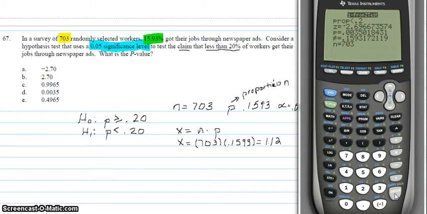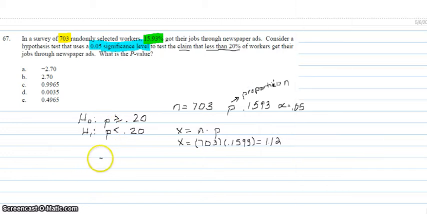Alright, so our p-value is 0.0035. And you can see that right here. 0.0035. That is our p-value. The p hat underneath it is 0.1593, which we got in the problem. So make sure you take the first p, 0.0035.